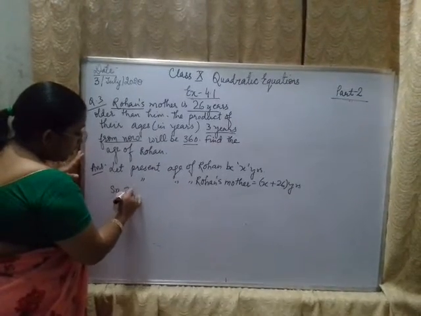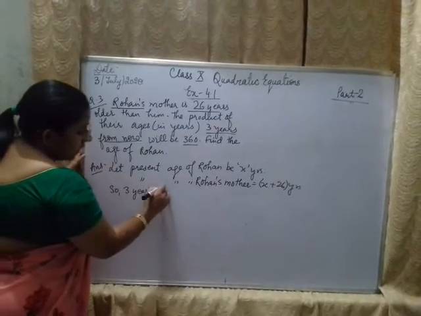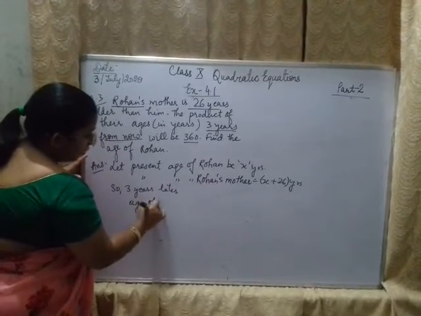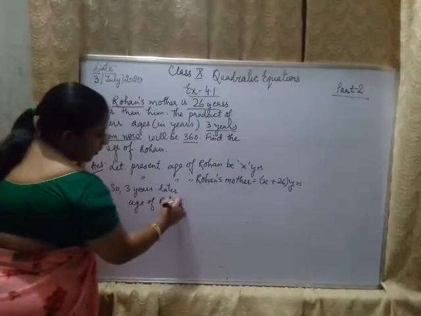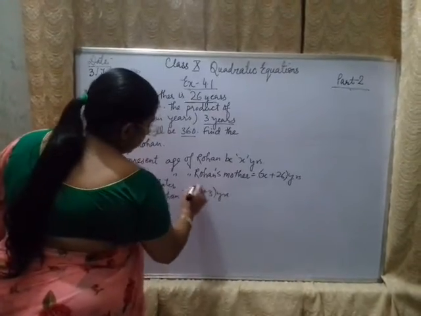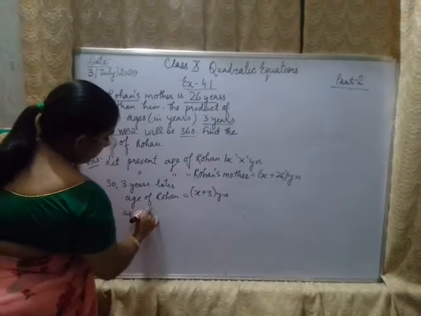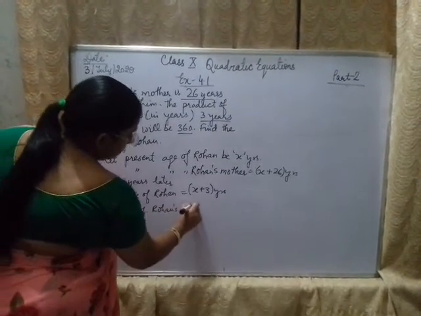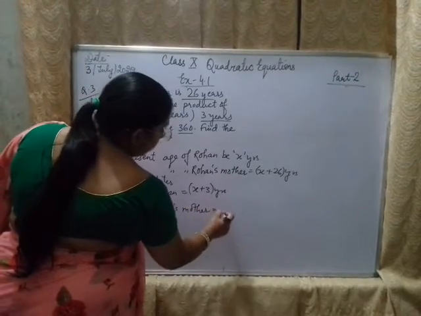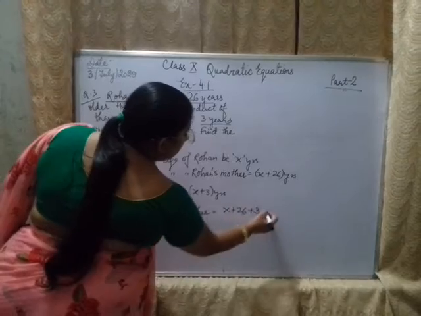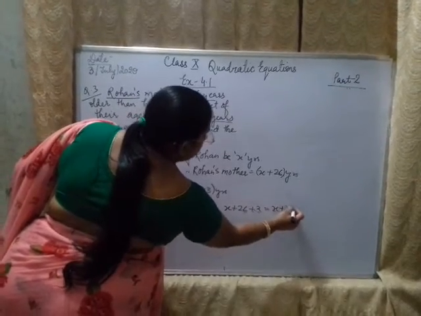So 3 years later, the age of Rohan will be x plus 3 years, and the age of Rohan's mother will be x plus 26 was the earlier age and 3 years are added, so it will be x plus 29 years.